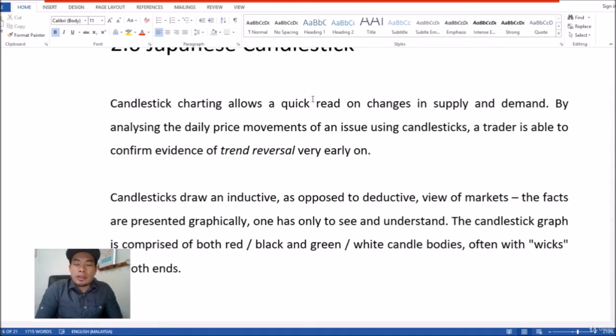This is a very strong indication or sign to the trader that either the buyers are coming in first-hand or the sellers are coming in aggressively in the market, resulting in a bearish market. And the candlestick chart is able to give these signs using the candlestick chart alone.